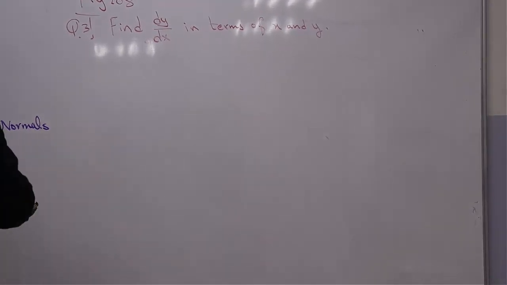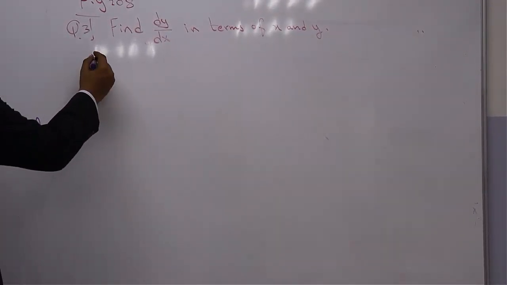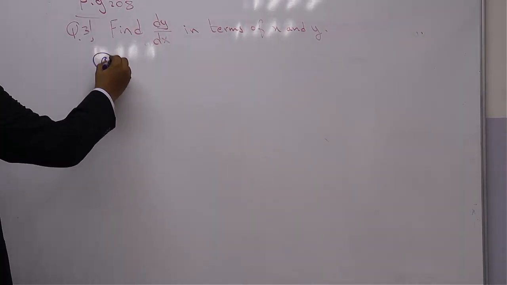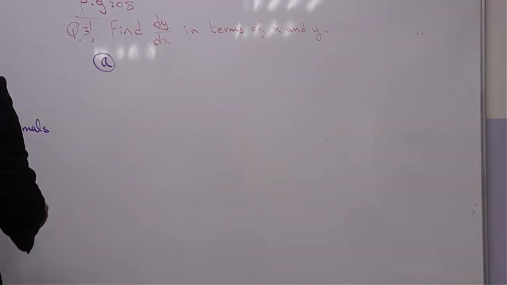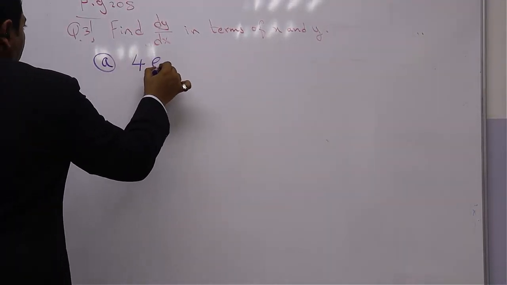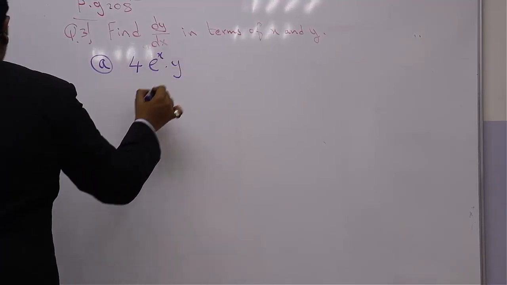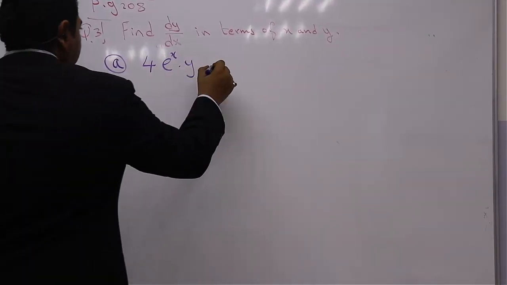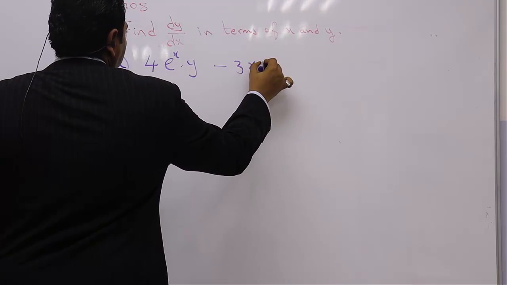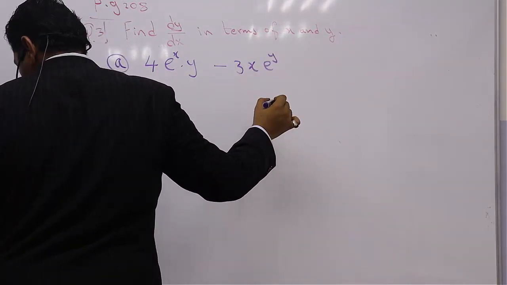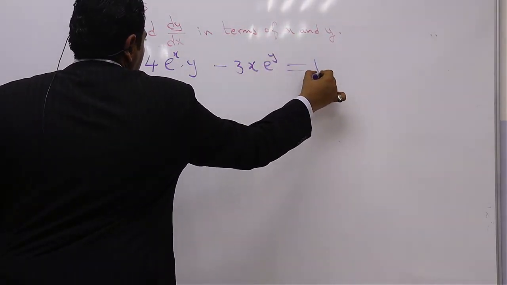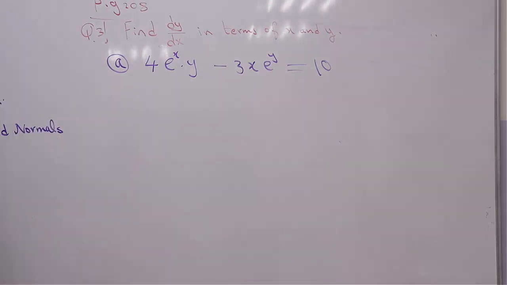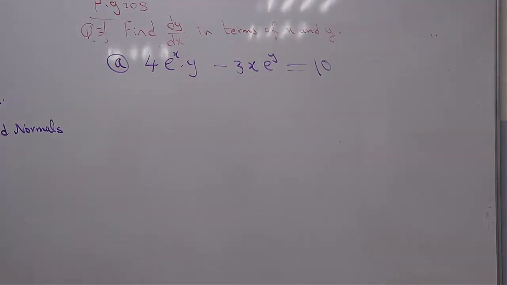Letter A: e to the power x times y minus 3x e to the power y, all of this is equal to 10. It's a tricky question. You have to pay attention here, and you have to revise everything you studied before.